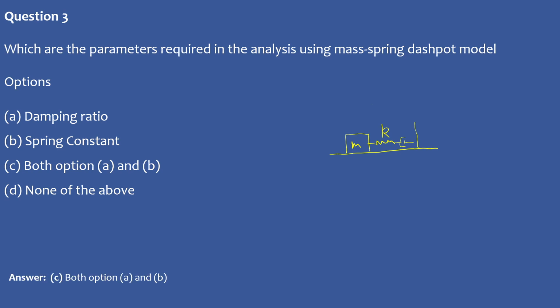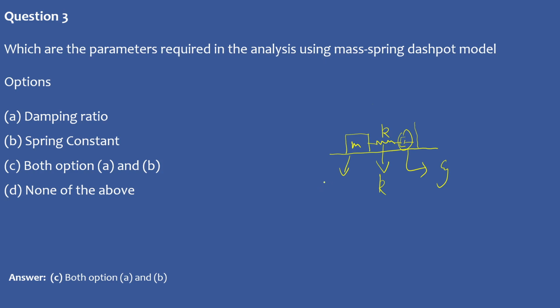Yeah, so the correct answer is option C. This particular dashpot system is usually characterized by the damping ratio, which is given by Xi. Then you have the model which takes the stiffness into picture, characterized by the stiffness K, and then you have the mass.